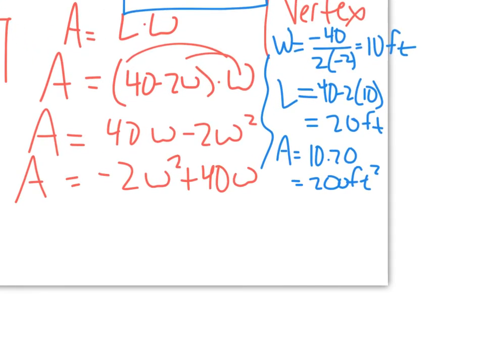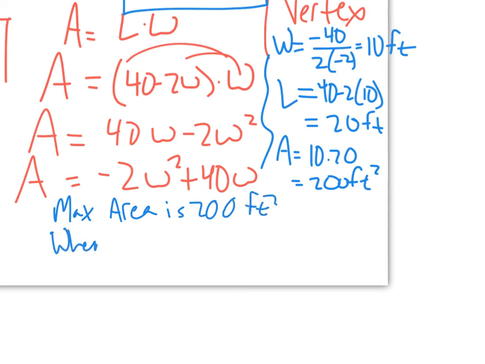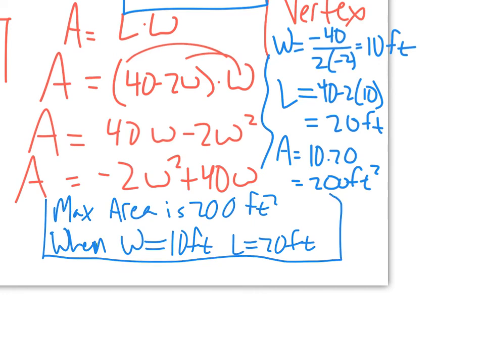So our final conclusion is this, that the max area is 200 square feet when width is, let's see if I can write that in here. Width is, what do we say, 10 feet, and length equals 20 feet. And that gives us our 40 feet of fencing.